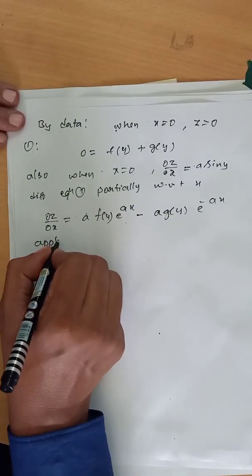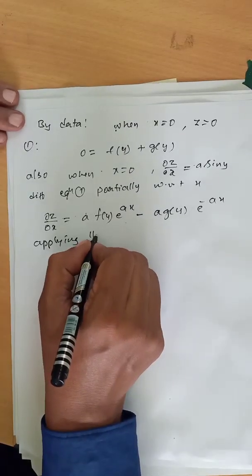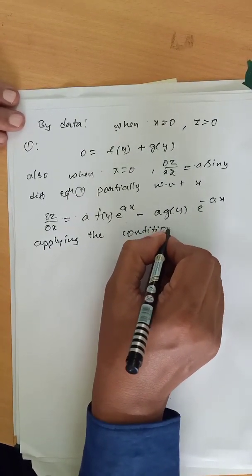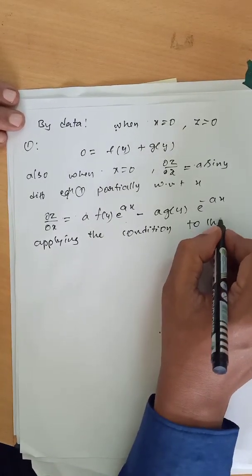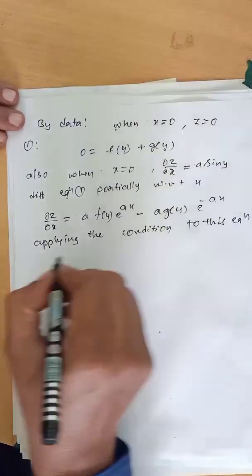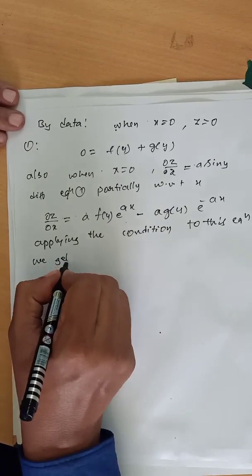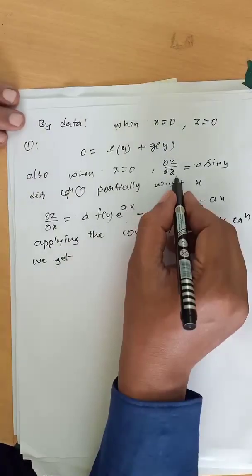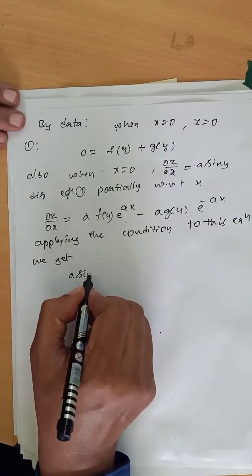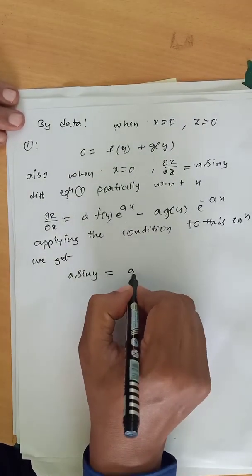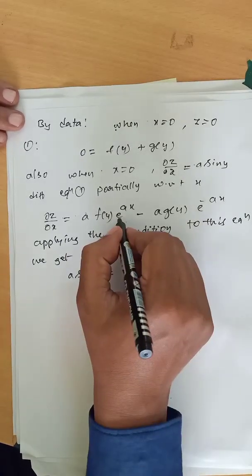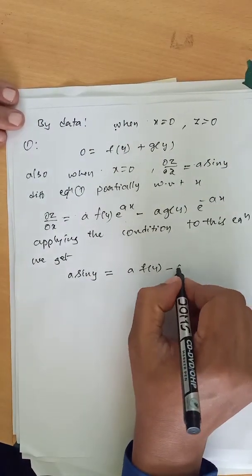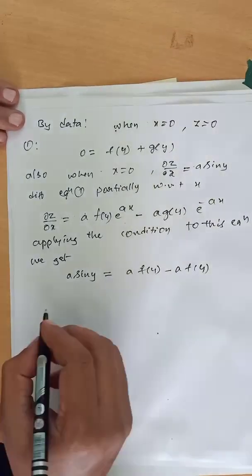Applying the condition to this equation, we get a sin y = a f(y) − a g(y), because e^0 is 1.